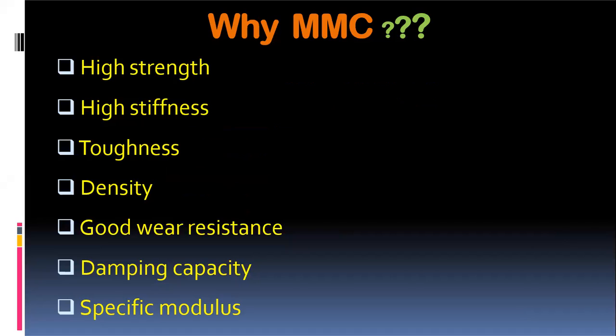And it has good wear resistance and damping capacity and specific modulus. So these are the different properties of the metal matrix composite.